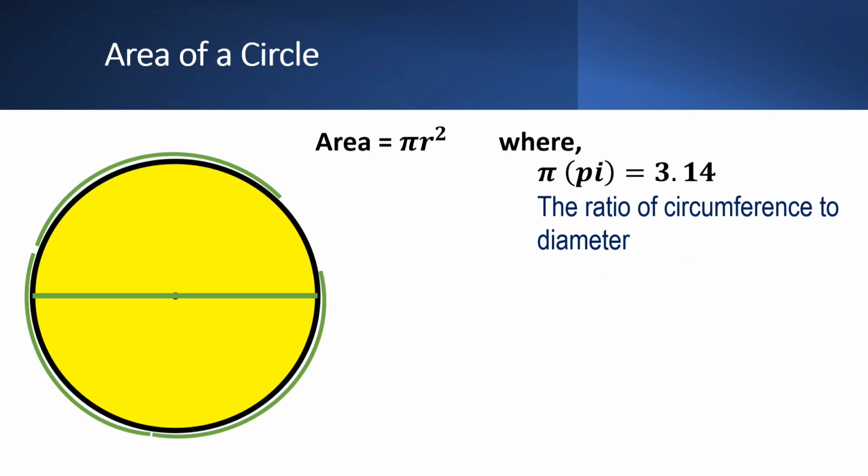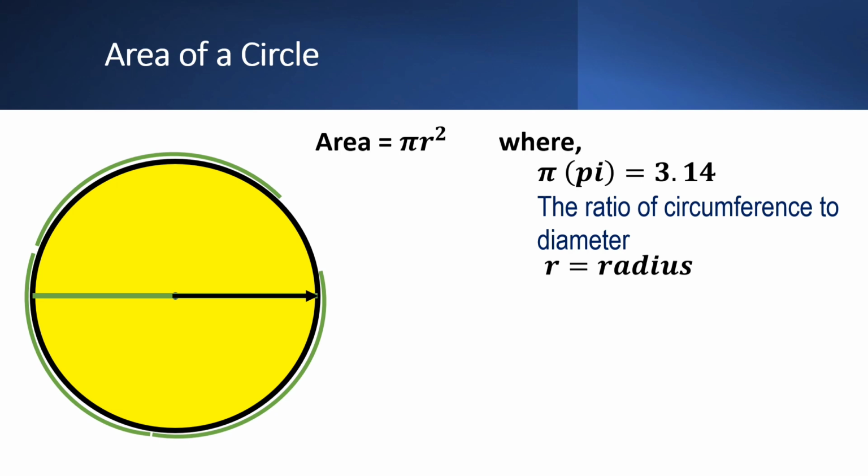So, ang r naman ay radius. Ano itong radius? Ang radius ay kalahati ng diameter. Or, from the center to any point of the circle. So, pwedeng dito, pwedeng dyan sa kabila, at pwedeng doon sa kabila. Basta't kalahati siya ng diameter.